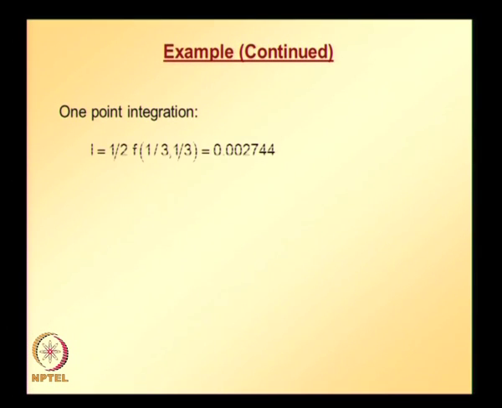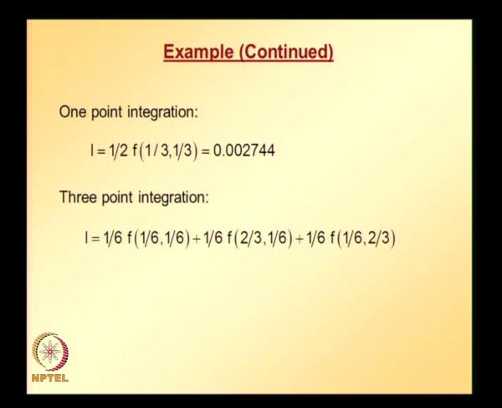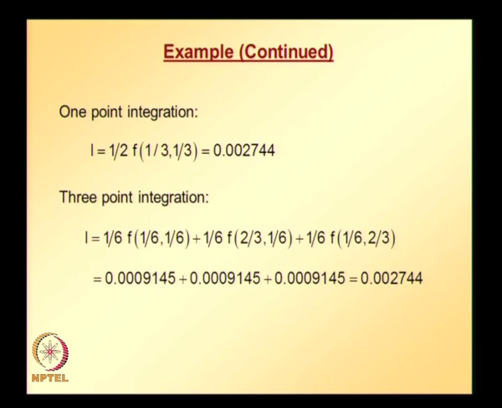For one point integration, the location of the integration point is 1/3 and the weight is half. So one point integration results in 0.002744, and 3 point integration results in this equation, which simplifies to 0.002744.